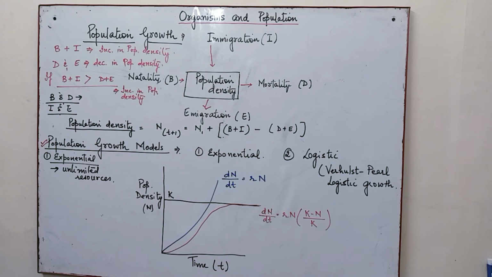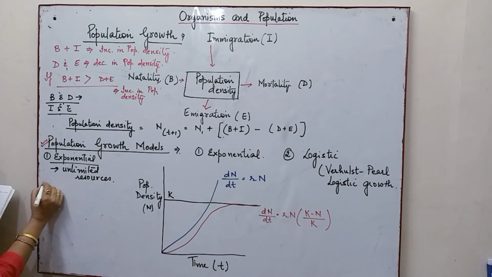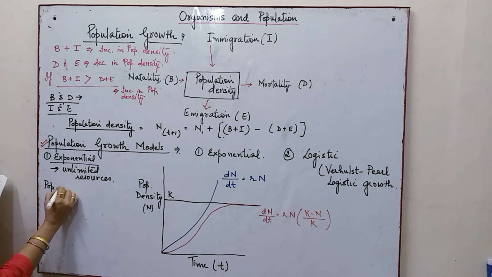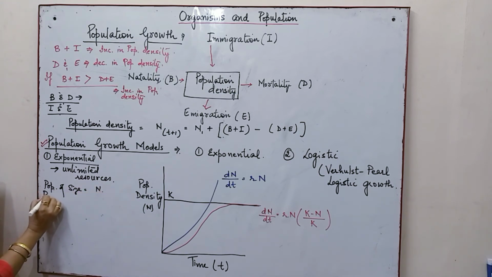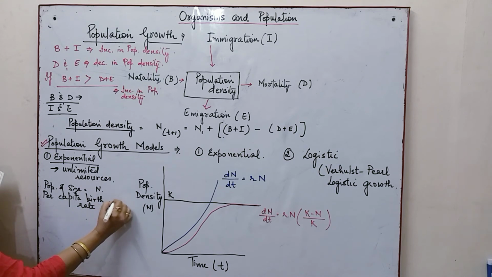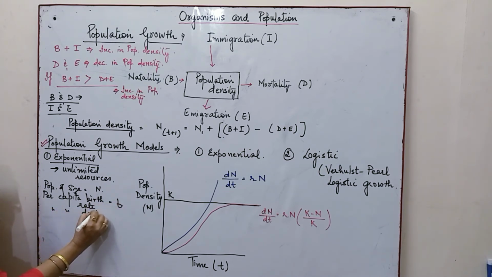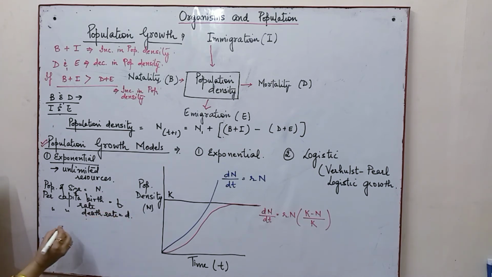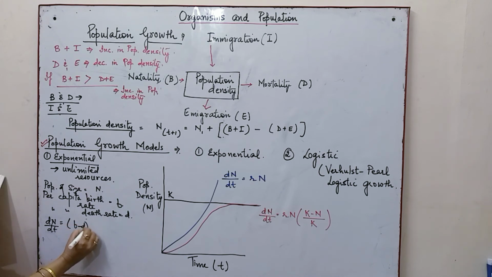So here we find that if the population is of size N, and per capita we represent the birth rate as B, and the per capita death rate is represented as D, then the increase in the population at any given time, that is dN upon dt, is equal to B minus D into N, that is the population at a given time.